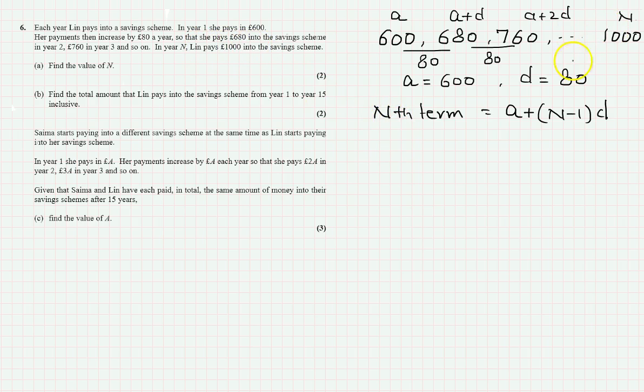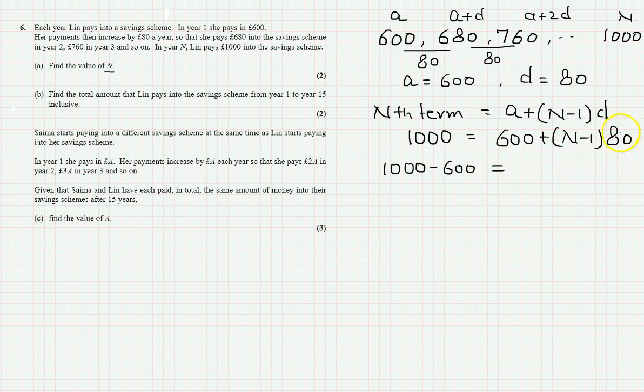And it says that the nth term is 1000, is equal to a, which is 600, plus n minus 1 times d, that is 80. We have to find the value of n. So 1000 minus 600 is equal to 80 times n, 80n minus 80.